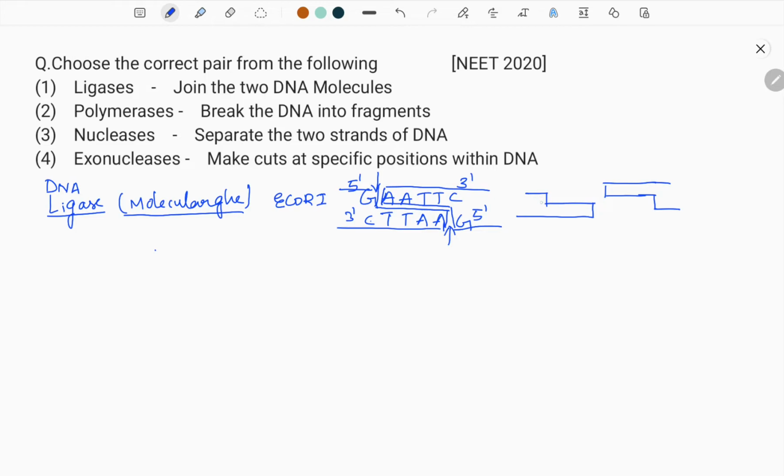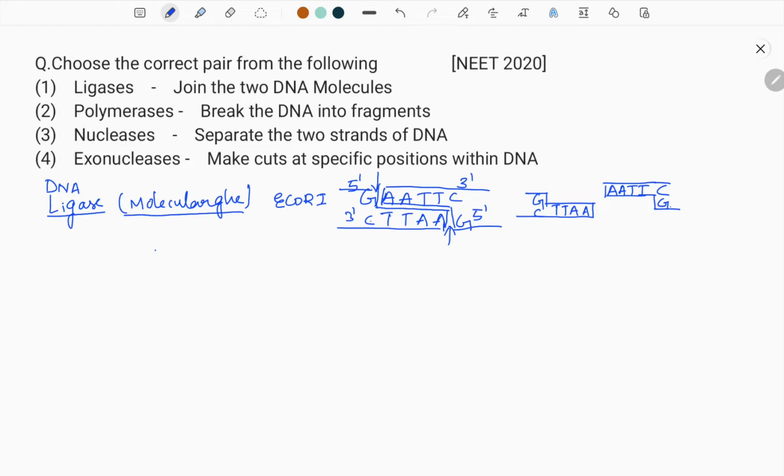So here we find the G, C, and here we find the T, T, A, T, T, and here we find C and G. So these two fragments of DNA will readily unite by DNA ligase.